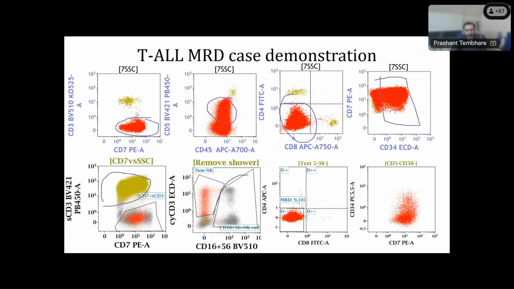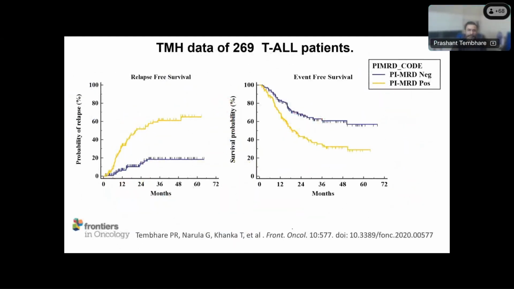We removed NK cells by using CD16/56, and then we identified the cytoplasmic CD3 positive population. Then we looked at CD4, CD8, CD34 and CD7. You can see this population was CD4/CD8 double negative, and a subset of them was CD34 positive. So this is how you identify abnormal residual disease.